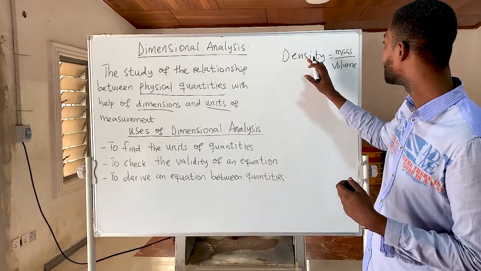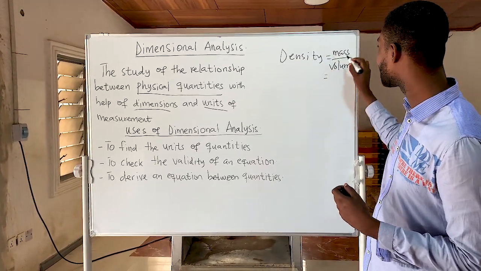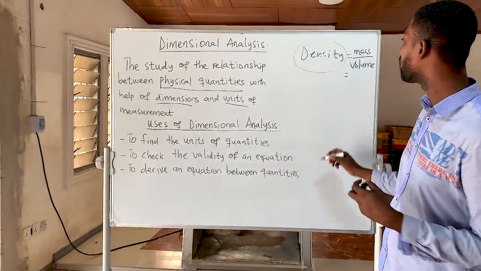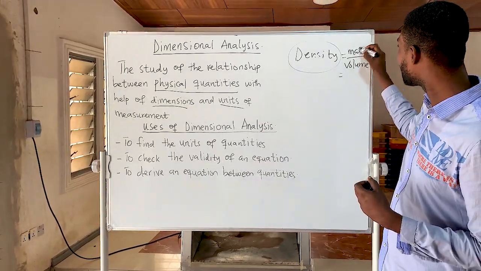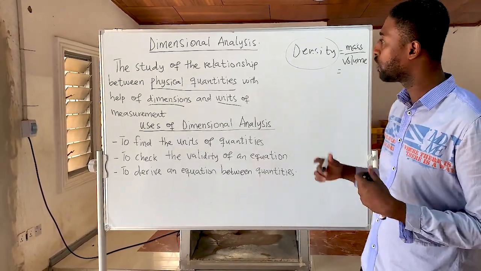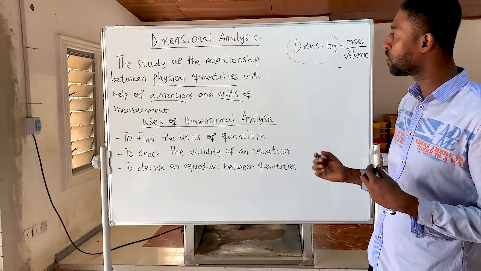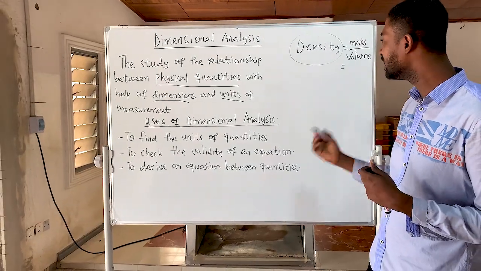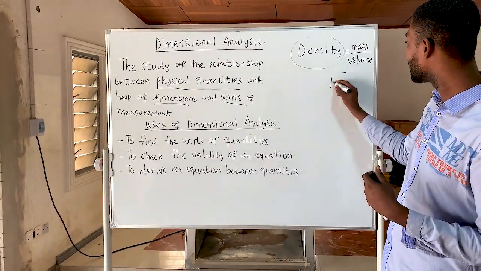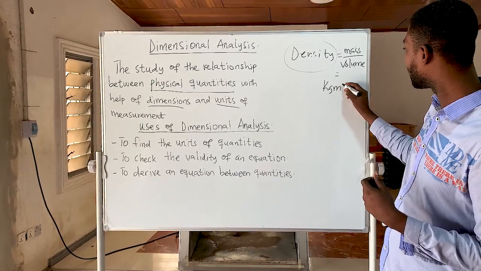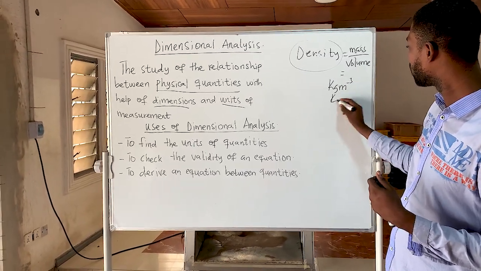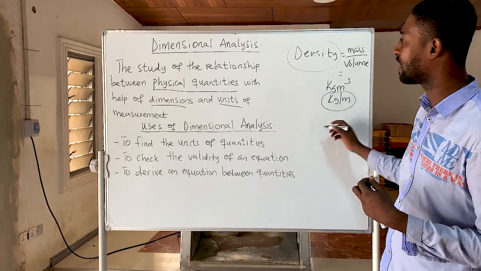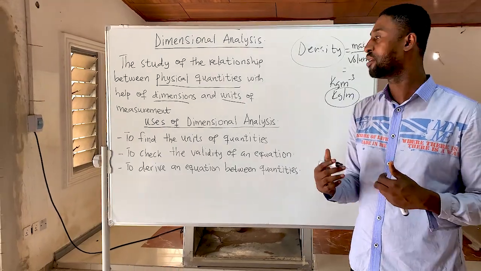Mass is a fundamental quantity. So in dimensional analysis, we study the relationship between quantities with the help of dimensions and units. The unit of density is kilogram per meter cube, and we can use these units to establish a relationship between the physical quantities.